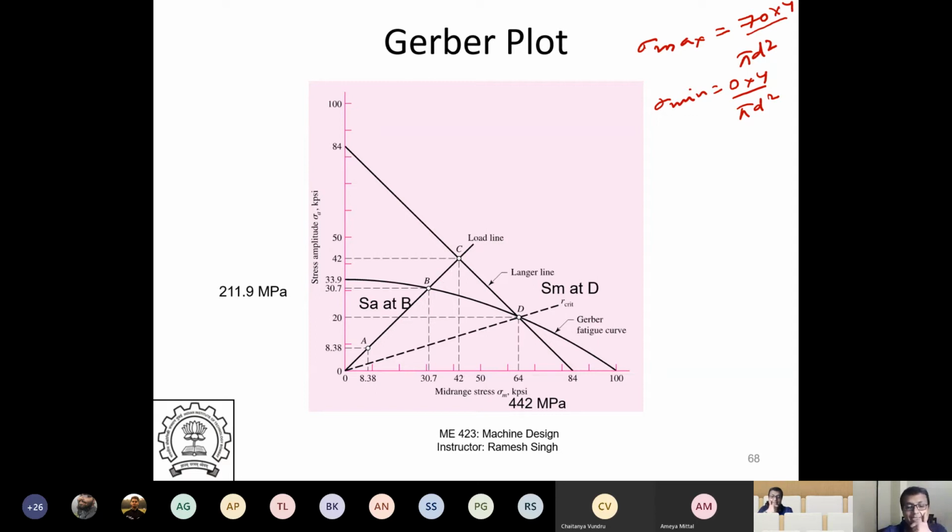Then I find sigma A0 and sigma M0: sigma A0 is sigma max minus sigma min by 2, and sigma M0 is sigma max plus sigma min by 2. These are the numbers, and then I multiply by 1.